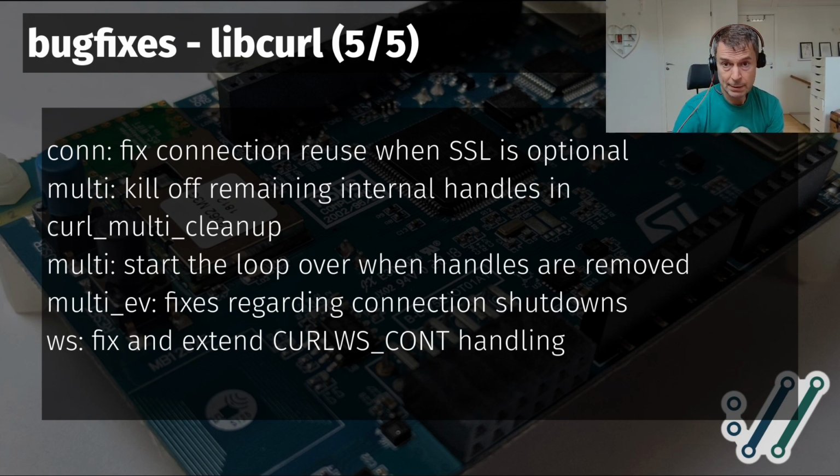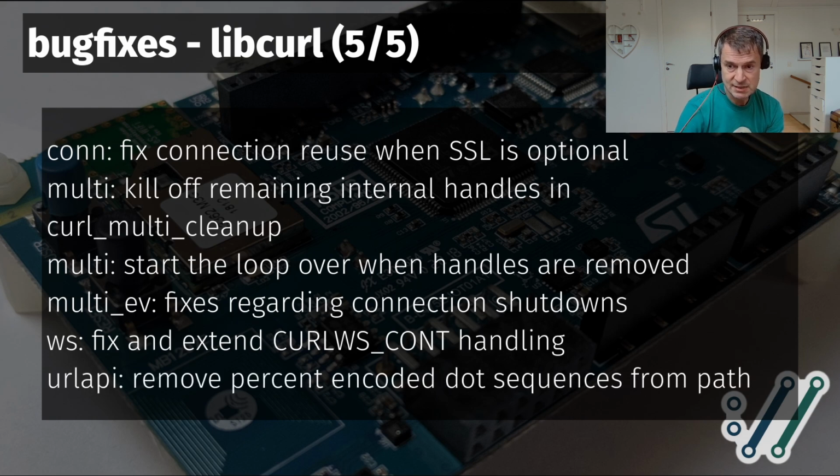So what else? I ran into this: RFC 3986 explains how to manage URIs, actually. It's an old standard and says how to manage dot sequences in the path, like slash dot dot slash, for example. They're supposed to be removed, and also a slash dot slash and stuff like that.